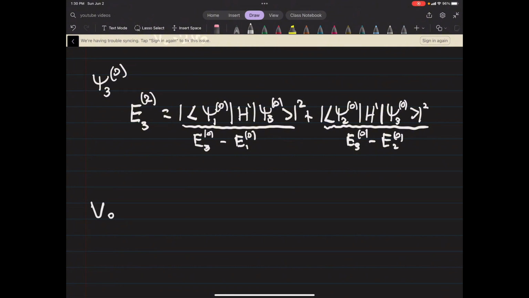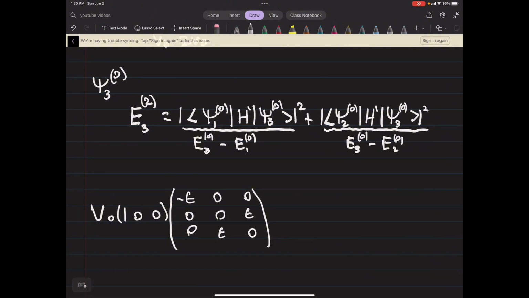We have V naught, the bra state. Then we have our Hamiltonian from the perturbation. And then our ket state.